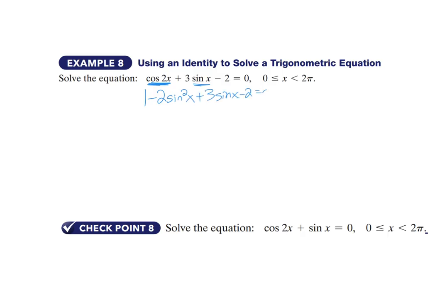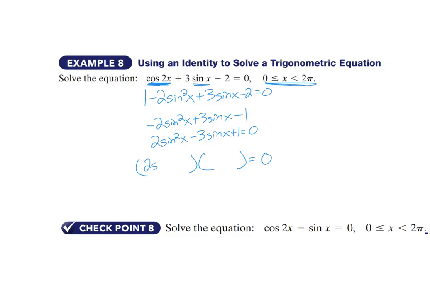Again, I see my limitation here. So I'm going to go negative 2 sine squared of x plus 3 sine of x minus 1. I'm going to change all the signs like you did on the previous problem. And then we'll factor.